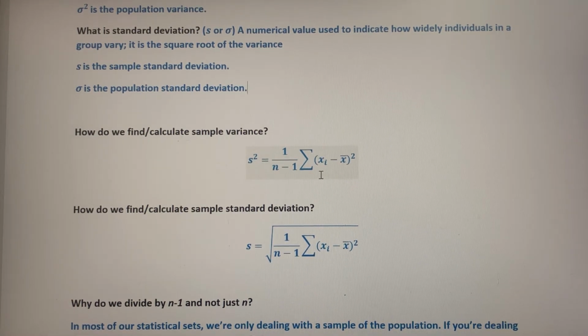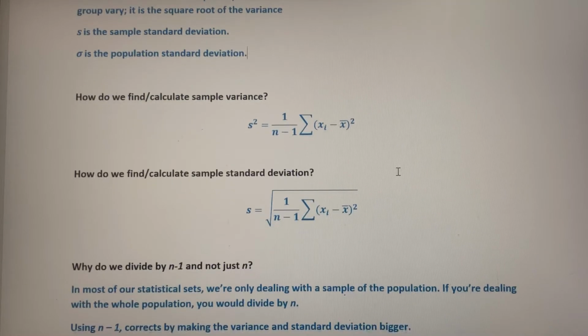And we're gonna get the sum of those deviations from the mean to the second power. And then we're gonna divide by the number of observations minus 1. Once we get that value, that's the sample variance. The sample standard deviation is just going to be the square root of the sample variance.